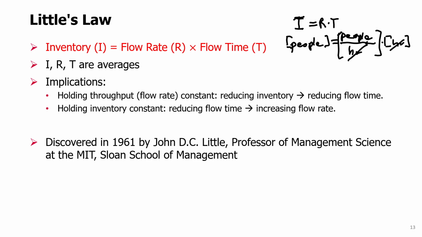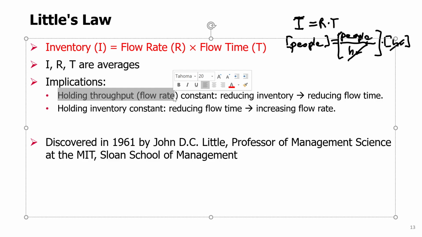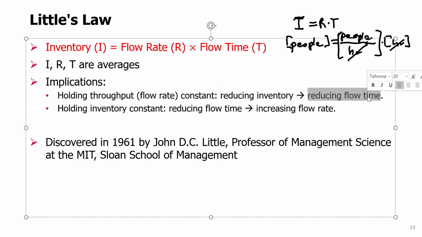This is a very interesting law because it allows us to find one of the measures when we know the other two. It also has important implications because often we are interested in increasing or decreasing one of the measures, and we can affect it indirectly by holding one measure constant and changing another. For example, if we hold throughput or flow rate constant and we reduce inventory, we will at the same time be reducing the flow time.